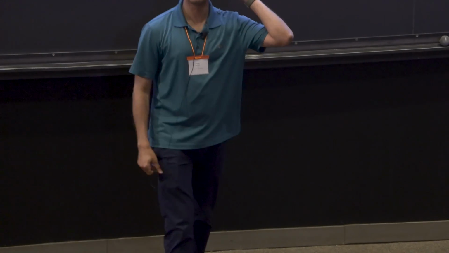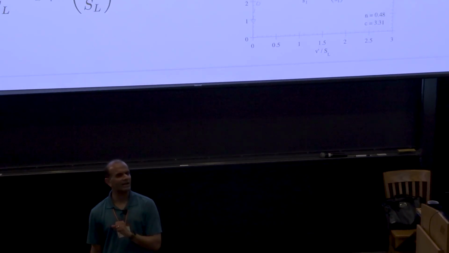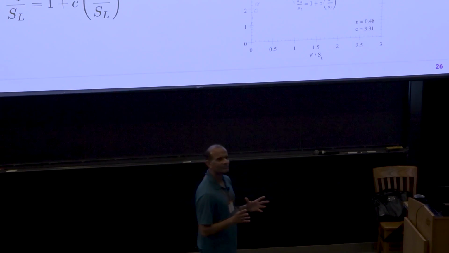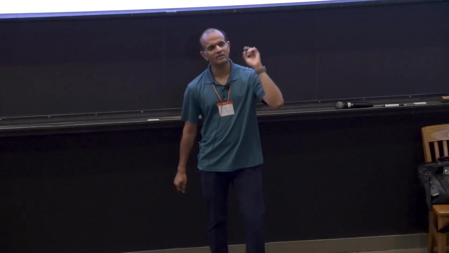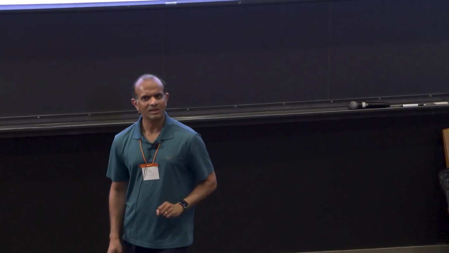Most of what we do, you see the x-axis here, that U prime over SL is a factor of 2.5 or 3. SL is on the order of meters per second, so if U prime over SL is a factor of 3, it's about 3 meters per second. Not a big deal. In most of these flows, the acoustic speed, the speed at which sound propagates, might be like 300 meters per second or so. Compared to that, all of this is small.